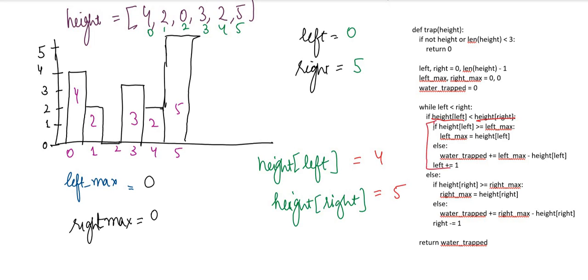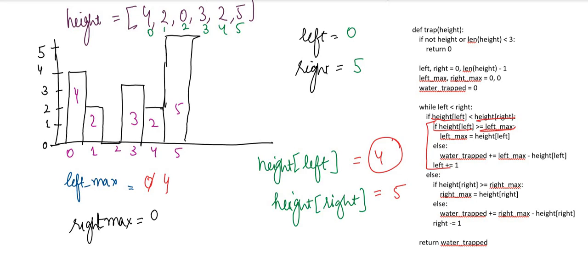You have to check if height of left is greater than left max. Yes, it is 4, and left max is right now 0. So you have to update the value of left max from 0 to 4. So left max will become 4 now, right?